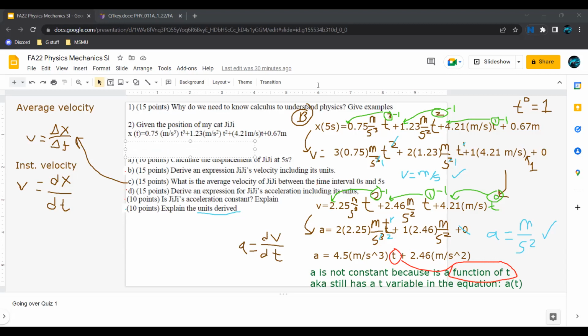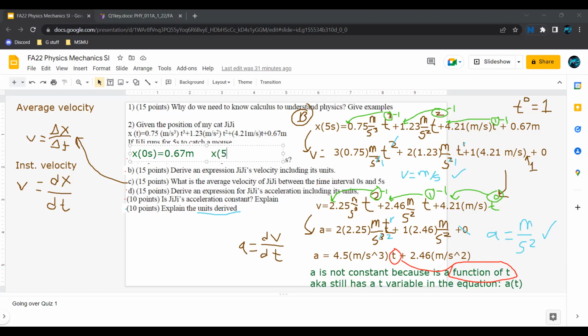Is there a way to make this text smaller? I guess not. 0.67 meters. Why did it do that? x at 0 seconds is 0.67 meters.